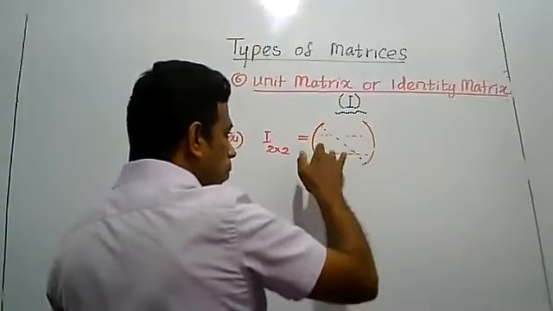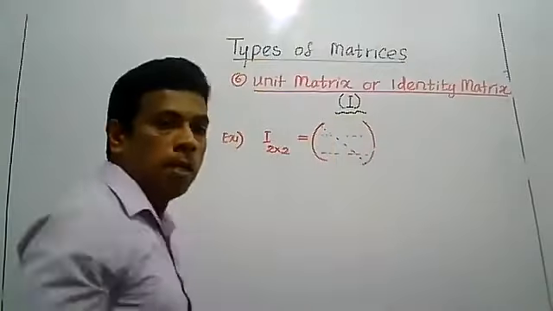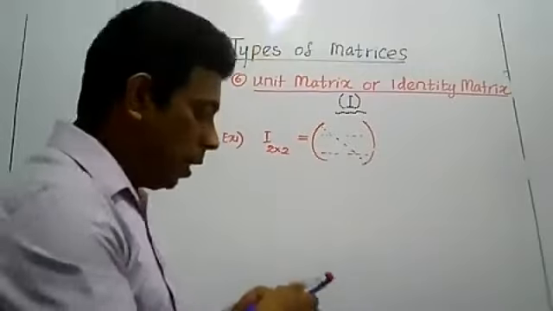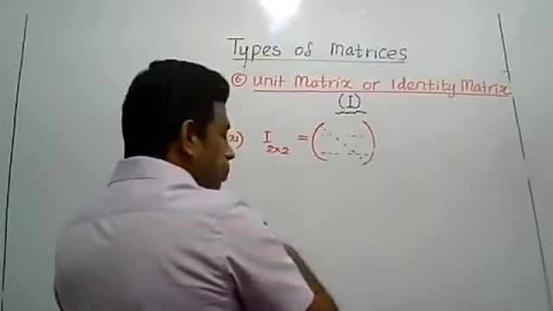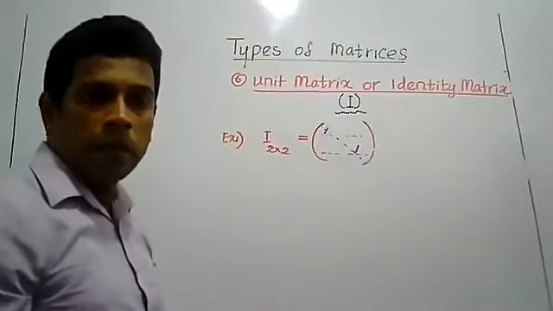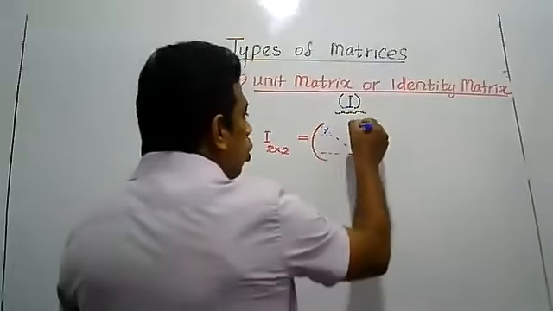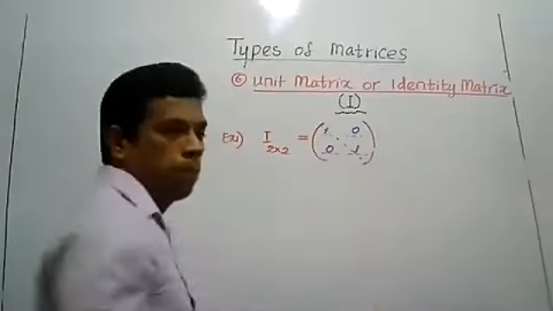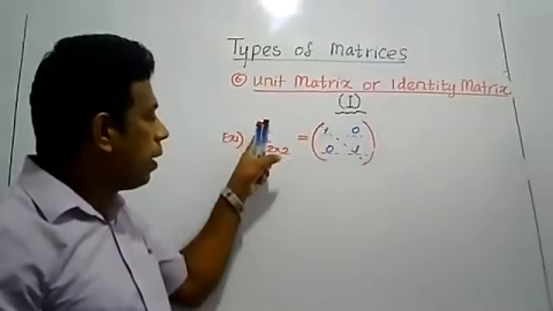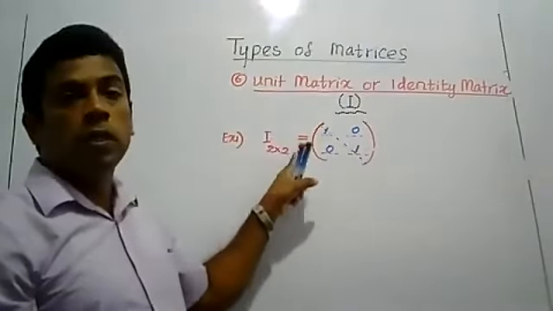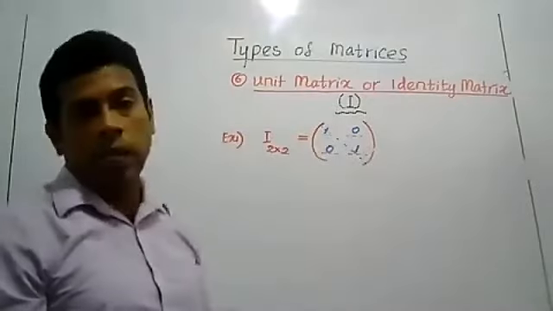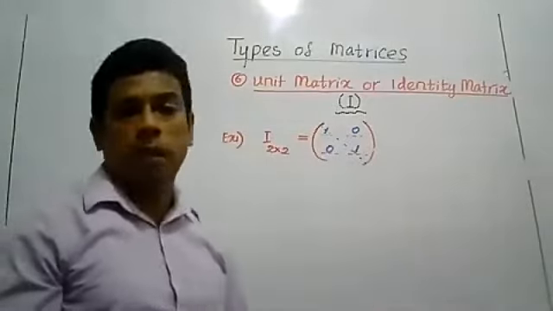The elements in the main diagonal are units, and all the other elements of the matrix should be 0. So this is the first unit matrix: a unit or identity matrix of order 2 by 2. It is a square matrix, the elements from top left to bottom right are ones, and the other elements of the matrix should be 0.